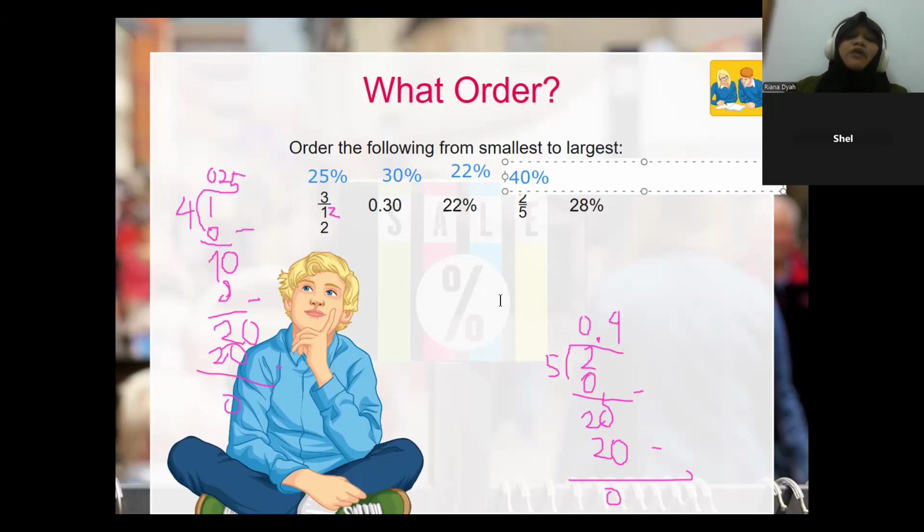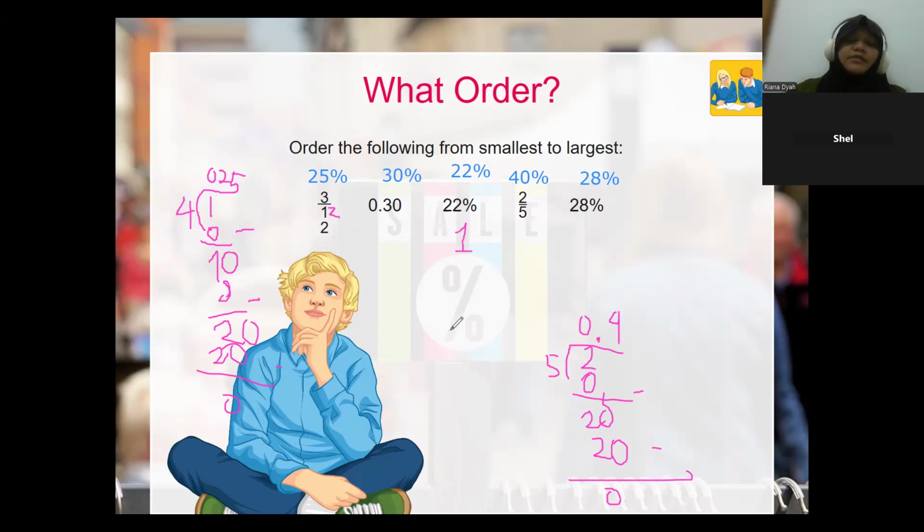Now, can you order these from smallest to largest? Which one is the smallest one? 22. 22 is the smallest one.